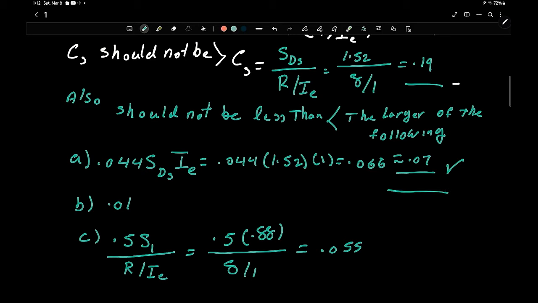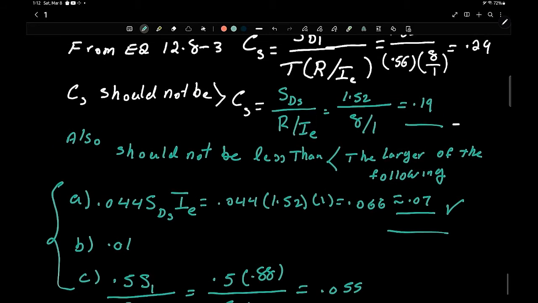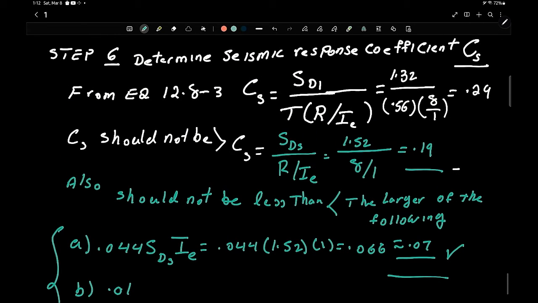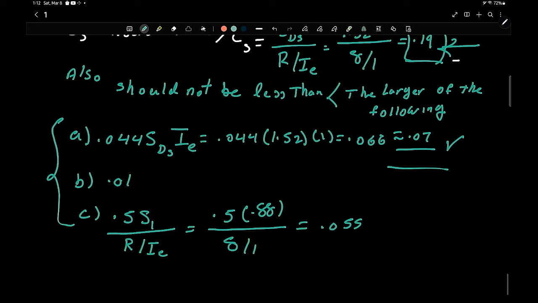So out of these 3, this is the largest one, and our number Cs came out to be this one, almost 0.2, 0.19. So this is the one that controls, and that's the one we're going to use. Cs value 0.19 or 0.2.